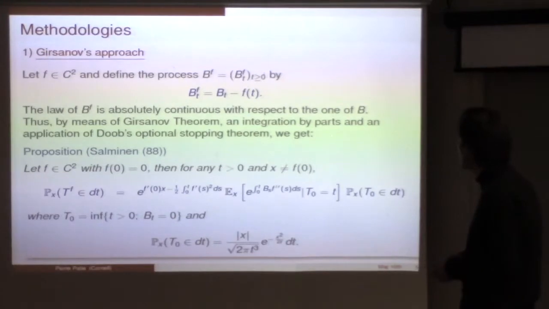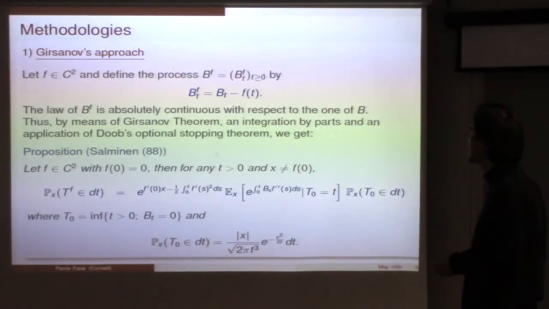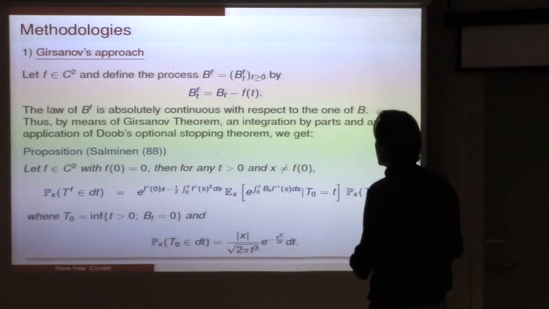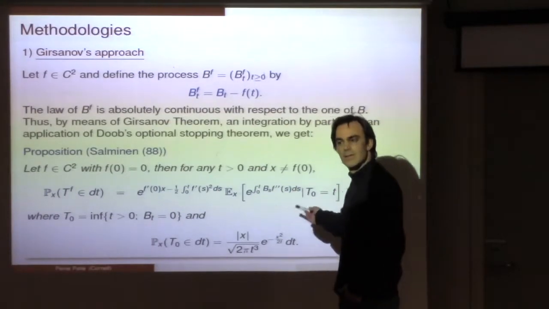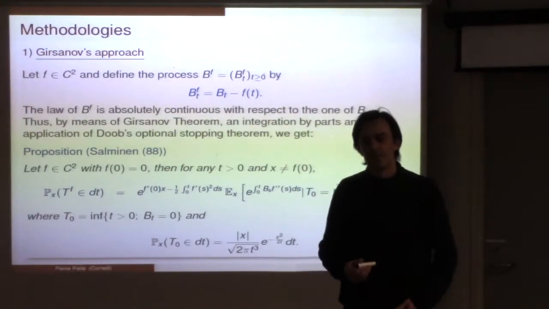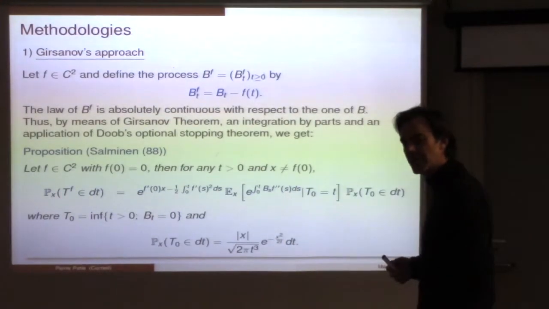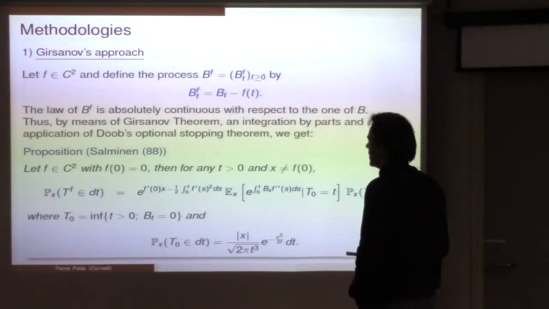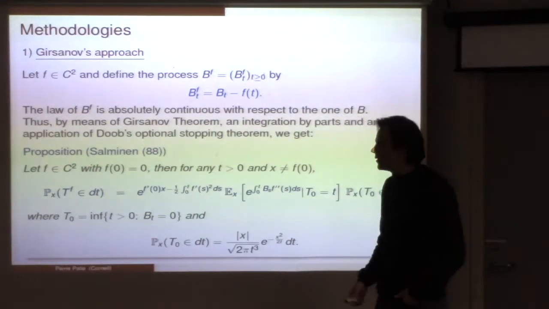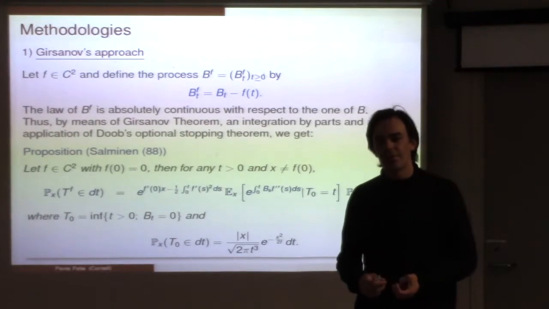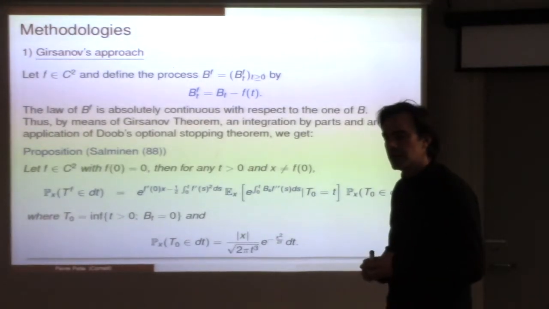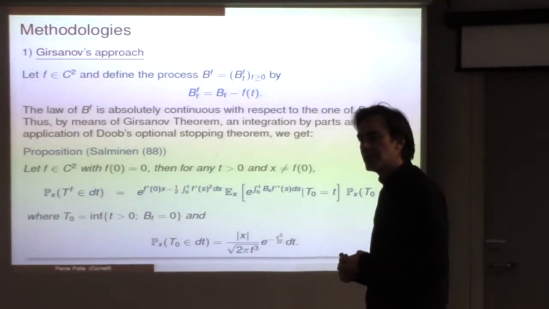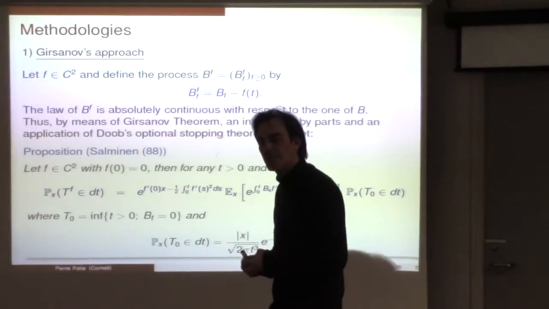So what you will get, a concern with this term here, this term will tell us if the curve can be reached or not. The density may not be, yeah, it can be defective, of course.